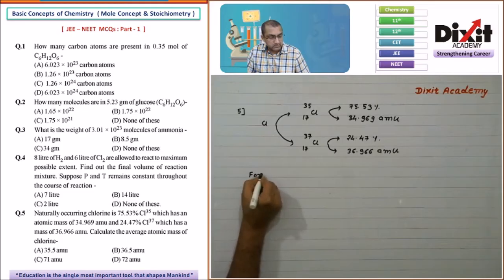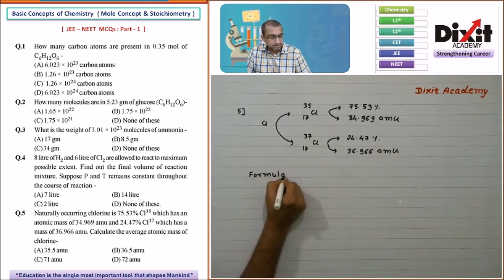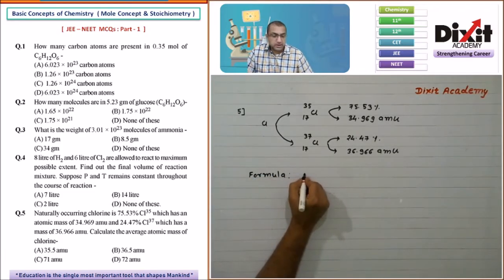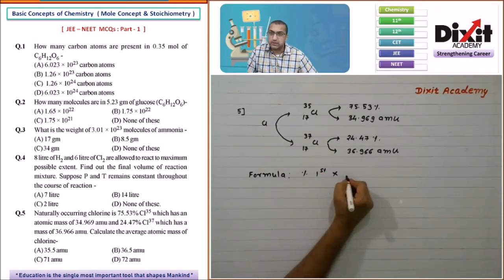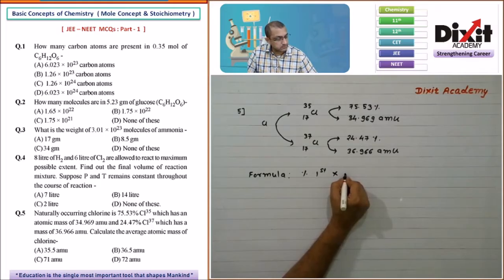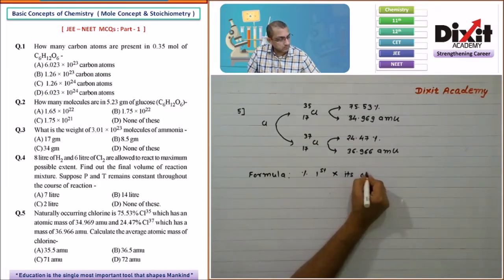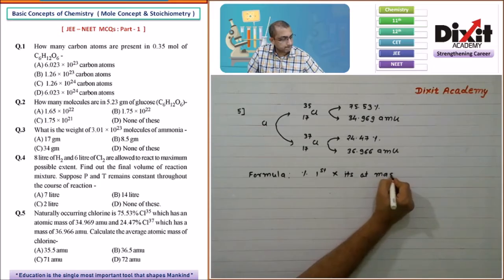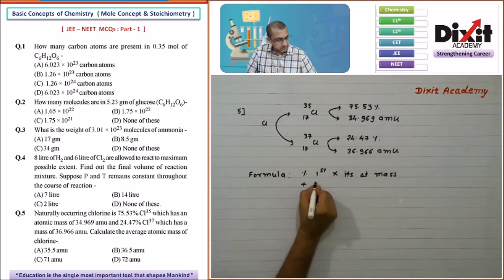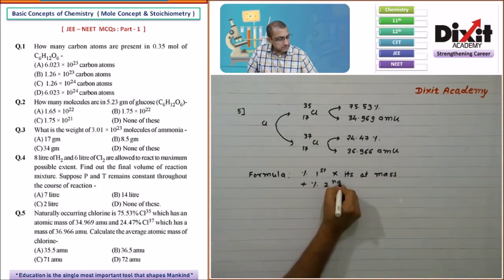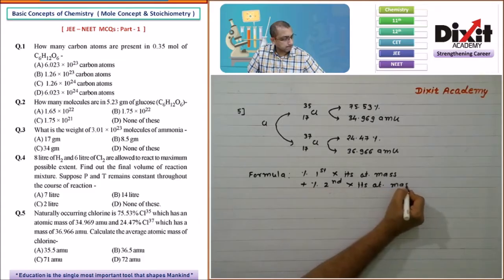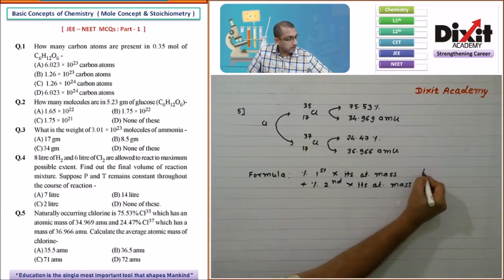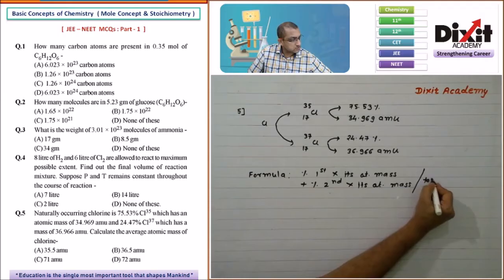Average atomic mass is percentage of first isotope into its atomic mass plus percentage of second isotope into its atomic mass, divided by total percentage, that is 100.